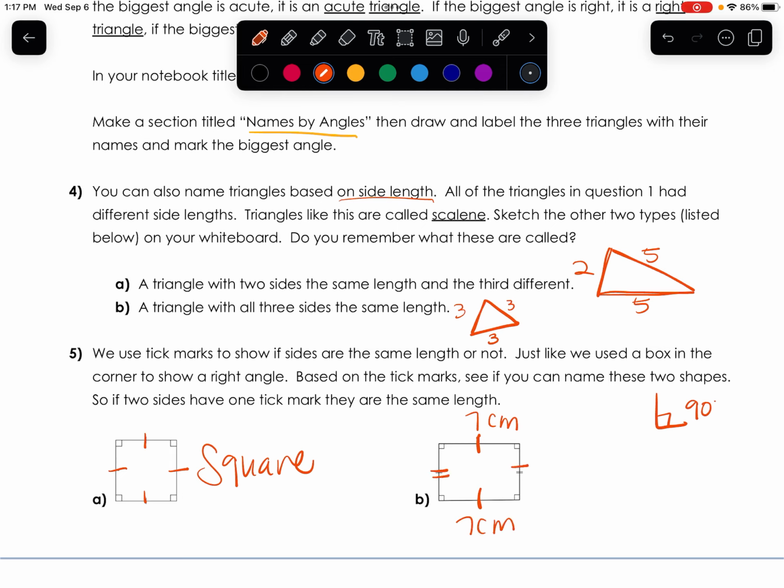And this side and this side are the same, but they're different lengths because it's 2 tick marks. So maybe those are both 2 centimeters. That's a rectangle. So tick marks show sides are the same. If the number of tick marks is different, the side lengths are different. And this is a notation just like the boxes mean 90-degree angles.